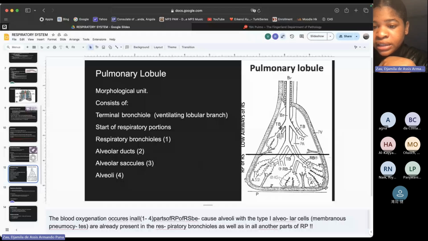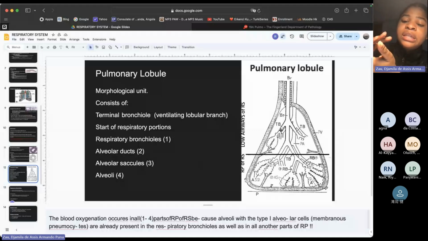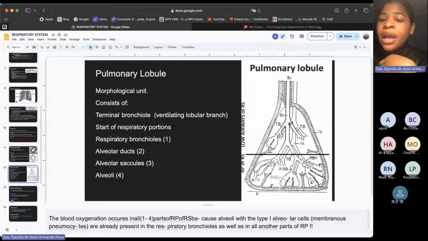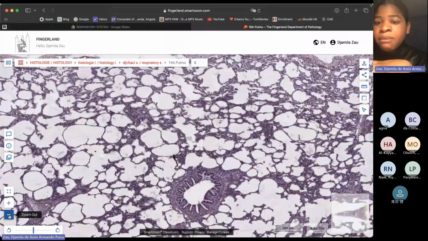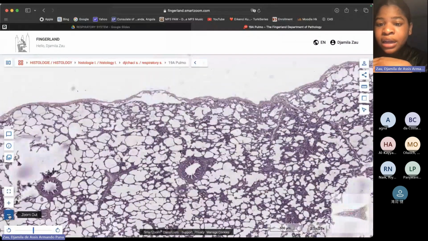You guys can see this is the terminal bronchiole, right? Obviously, from this angle, it doesn't have that stellate shape. You only see that in a cross-sectional look. But at the end, after the terminal bronchiole, you're going to have the respiratory portion, which is the alveoli. In cross section, because of the angle it's cut, everything looks like it's in the same place, but it's not.